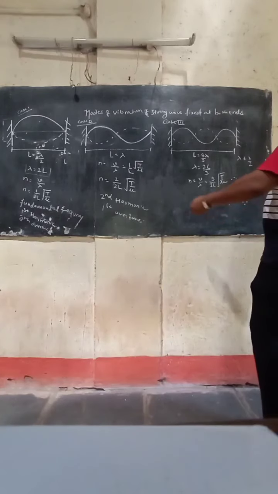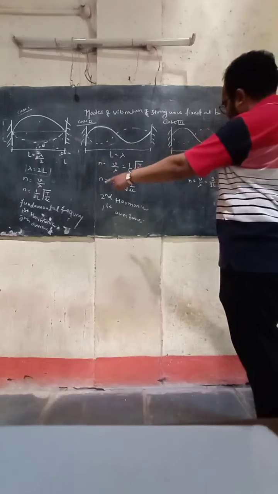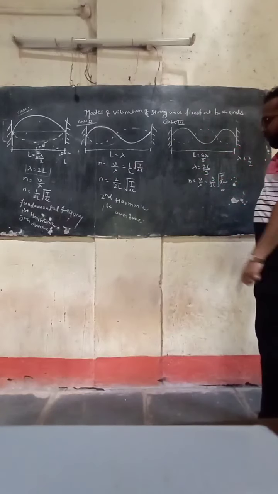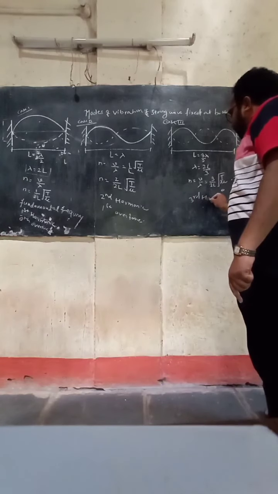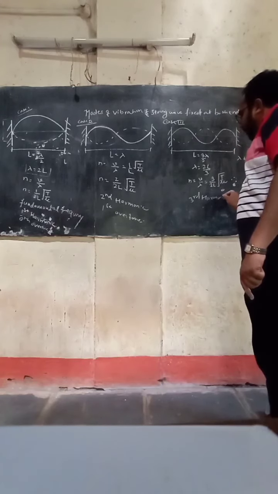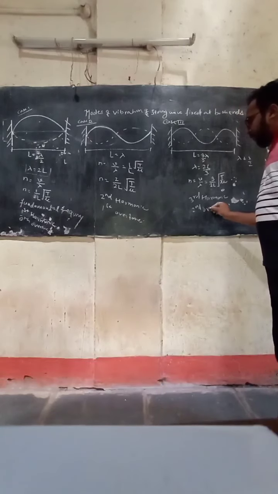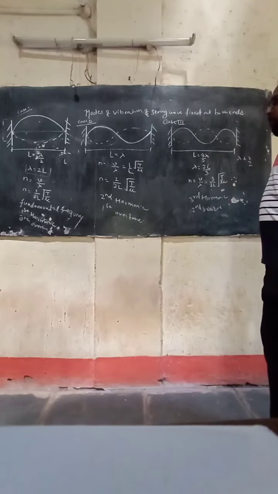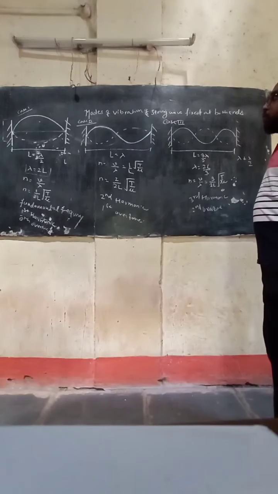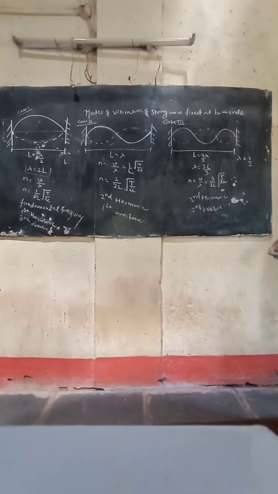Now see, when you compare this with the first, in place of this 3 there is 1, here it is 3, so we can call it third harmonic or second overtone. So these are the cases of modes of vibration of string wave fixed at both ends.